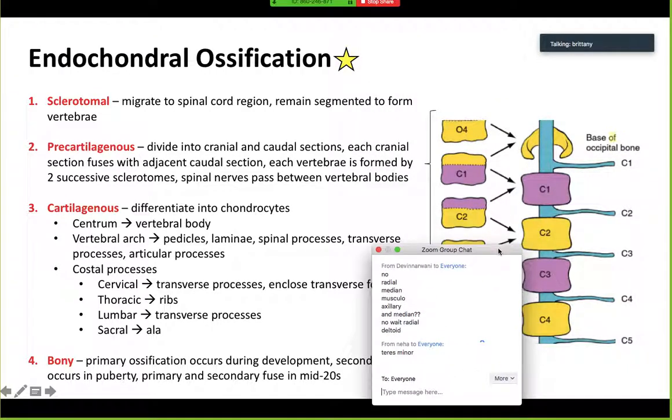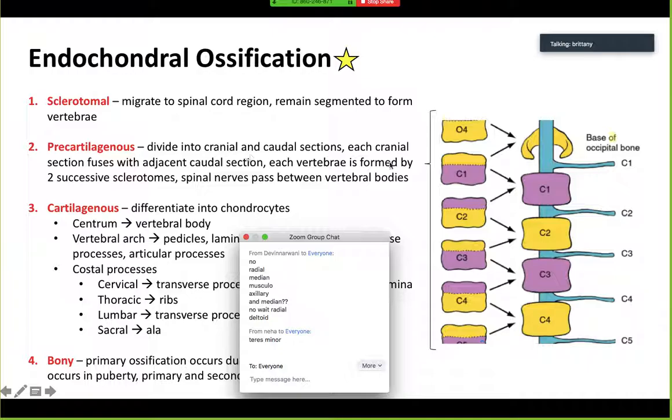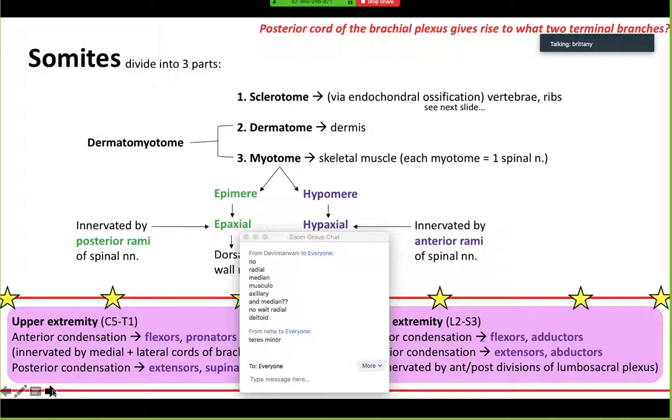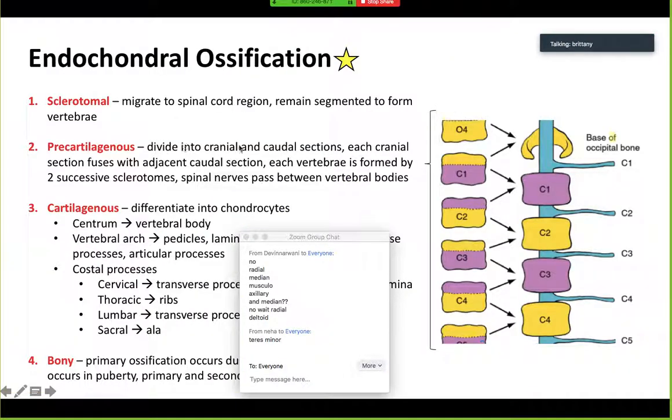But during the precartilaginous phase, these sclerotomes are going to divide into cranial and caudal sections. And this is going to allow the spinal nerves to pass between them. Okay, so this is the reason why the spinal nerves exit between the vertebrae, or how it happens.